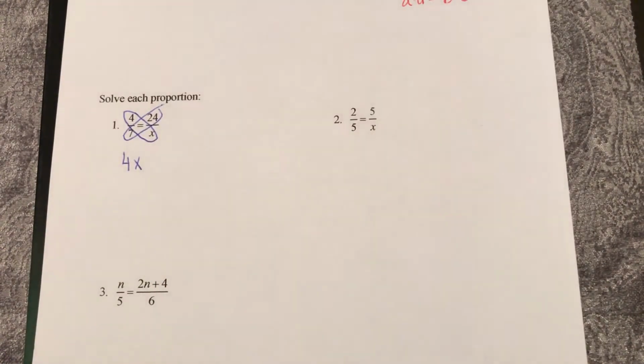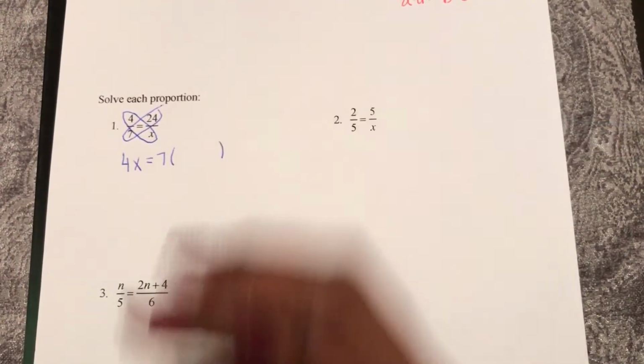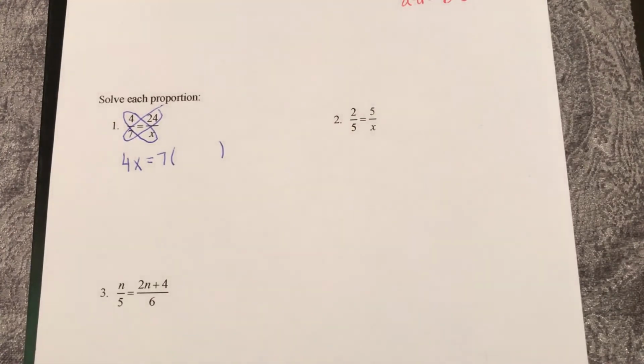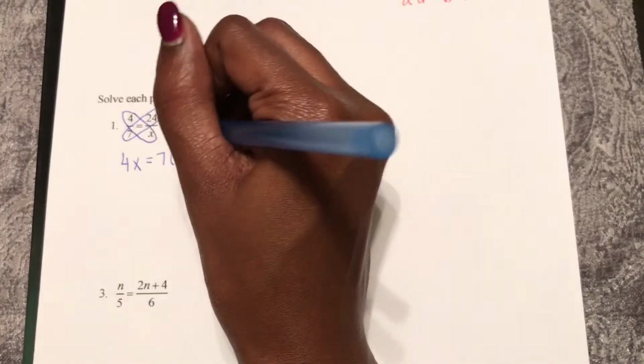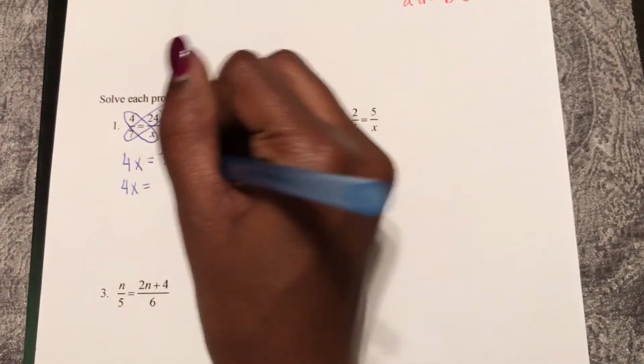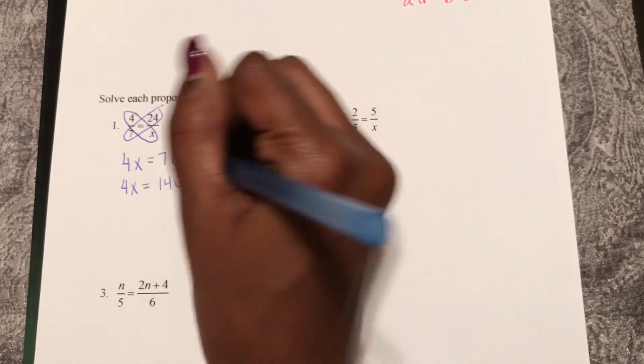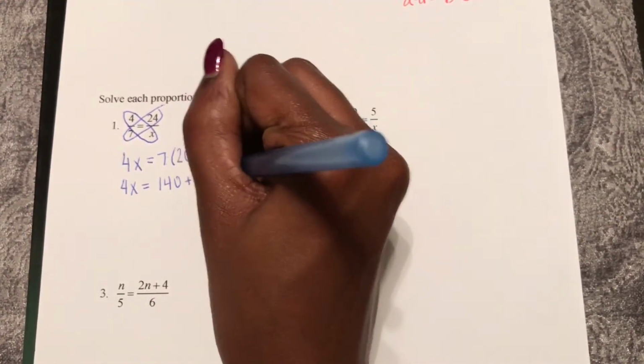So let's think, how could I multiply that using the distributive property and not a calculator? So 24 is 20 plus 4. So now I have 4x, 7 times 20 is 140, 7 times 4 is 28.